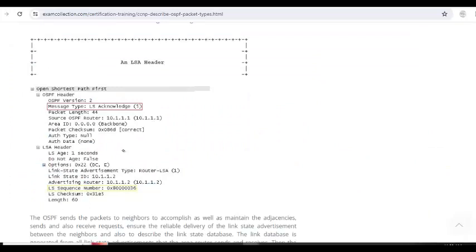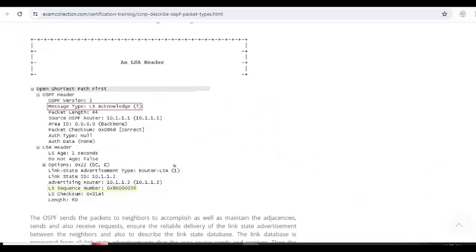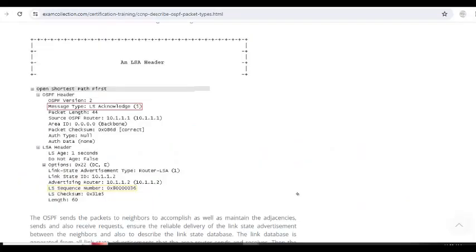The states and all, you know it, but I'll quickly walk you through this. See, initially they are not neighbors. There's a first neighbor. Hello packet goes with a router ID saying, I am so and so. These are my neighbors. See, the hello packet's neighbor list is sent. In the hello packet, neighbor is sent. Let me show you that screenshot. See the hello packet here.